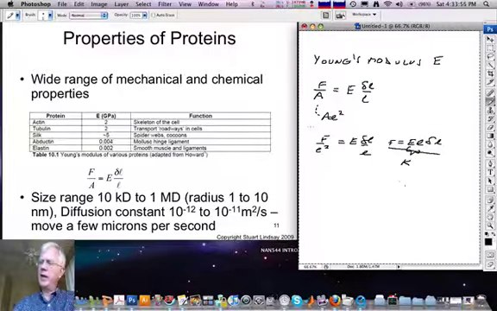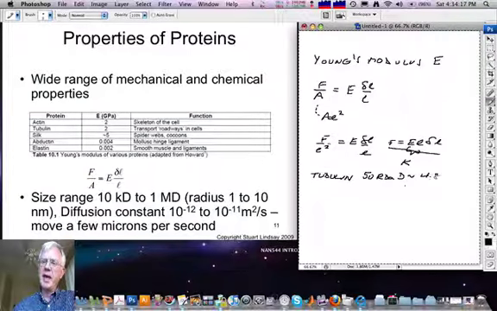Let's just look at some derived properties from this list. So if we take tubulin, which is a structural protein, it has a molecular weight of about 50 kilodaltons, which gives it a diameter, twice the radius, of about 4.8 nanometers. And the spring constant, if one then takes this as the L in this equation here, gives a K of around about 10 newtons per meter.